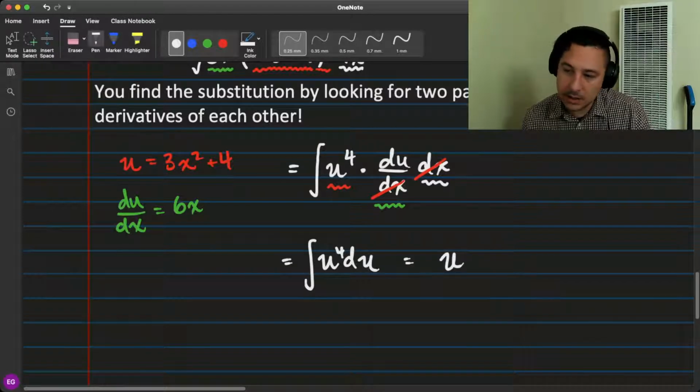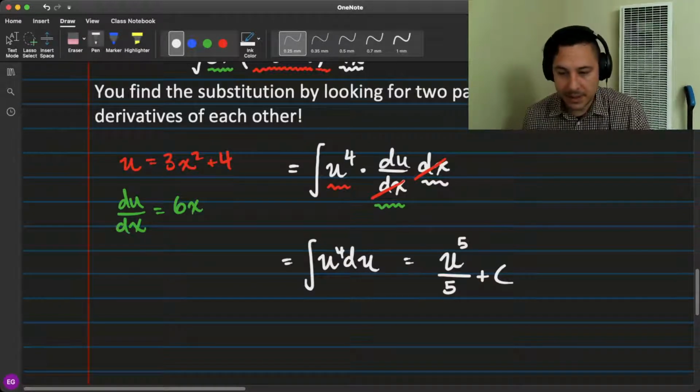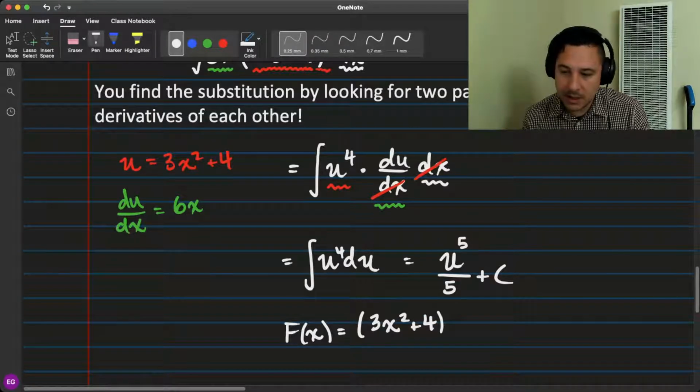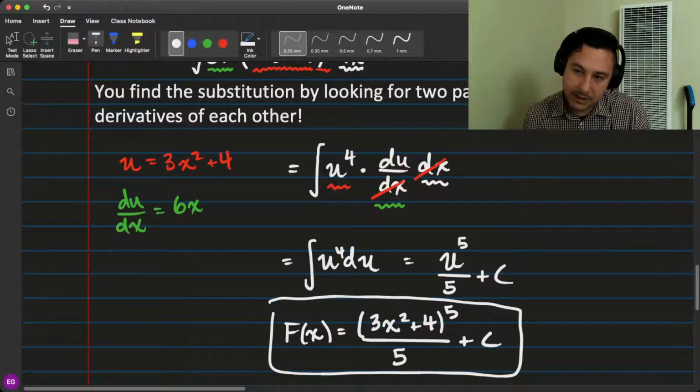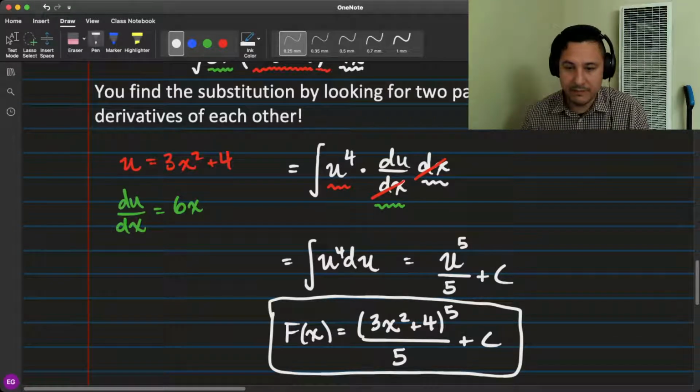You get u to the 5th over 5 plus c. To rewrite that in terms of x, you just plug the x back in. So I'm going to get (3x squared plus 4) to the 5th, divided by 5 plus c. That is the antiderivative of my original question.